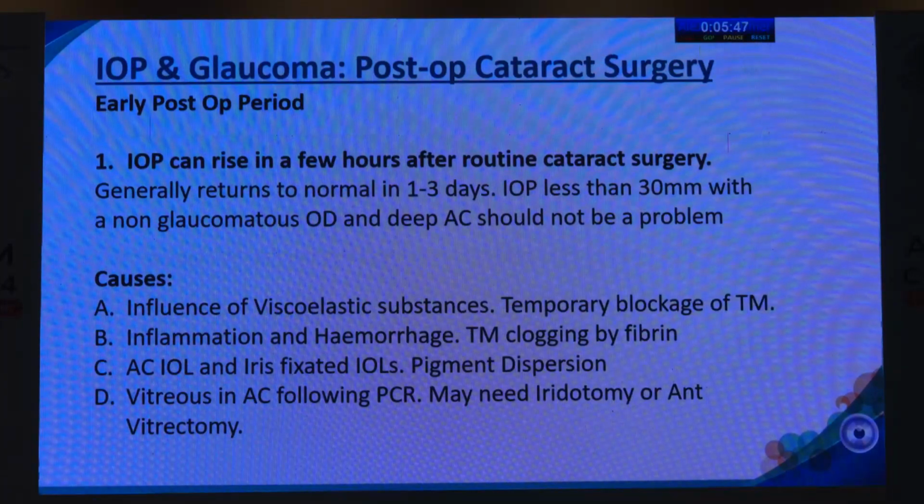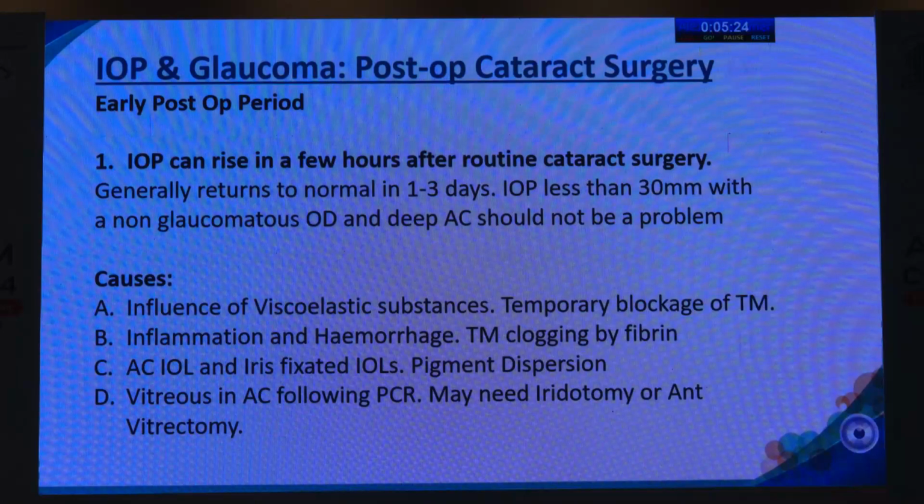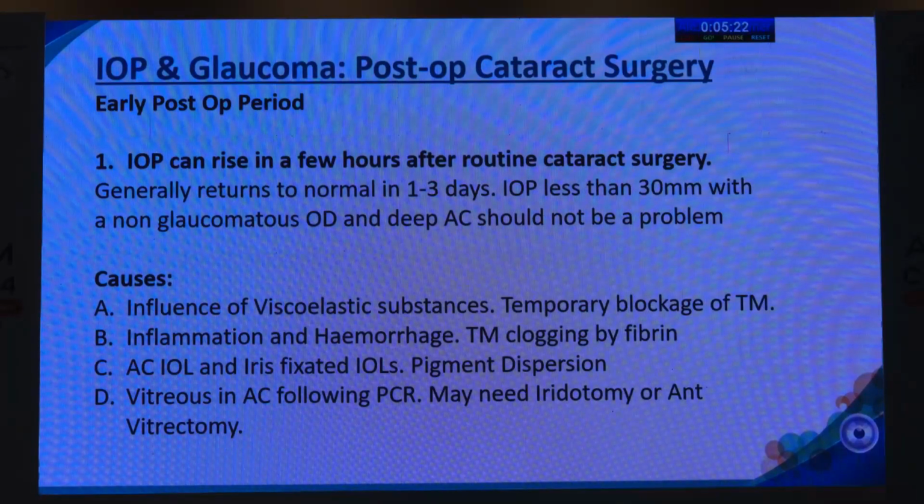In the early post-op period, IOP can rise within a few hours after routine cataract surgery and generally returns to normal in 1 to 3 days. IOP less than 30 millimeters with a non-glaucomatous optic disc and a deep AC should not be a problem. What are the causes? As enumerated earlier, influence of viscoelastic substances, inflammation and hemorrhage, AC IOL and iris fixated IOLs, vitreous in AC.